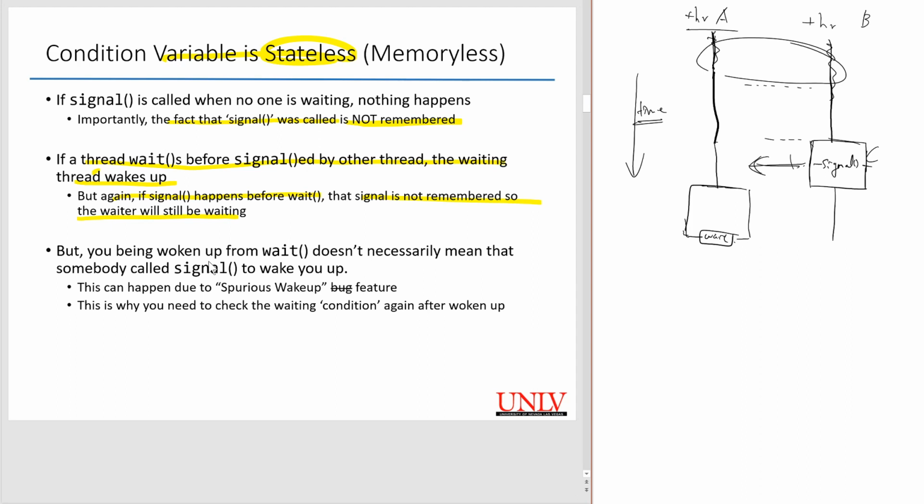Let's say you're just woken up from wait. Does that mean that somebody called signal on you? The answer is no. Waking up from wait doesn't necessarily mean that somebody called signal. Why? Because of spurious wakeups. This is not a bug, this is a feature. We went through a lot of examples, I think examples number 2, 3, and 4, and they all had a provision to guard against spurious wakeups.